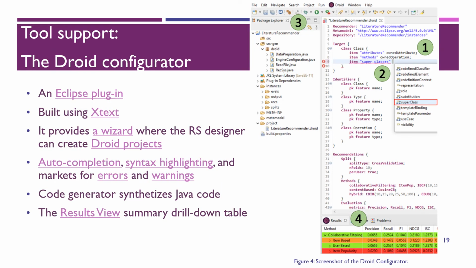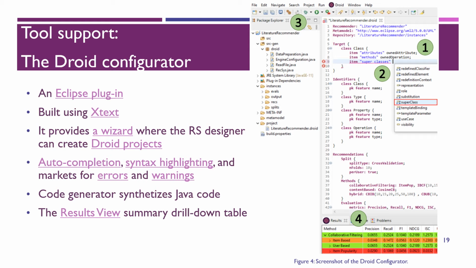The Droid configurator shown in Figure 4, Label 1, is an Eclipse plugin built using Xtext. It provides a wizard to create Droid projects. Additionally, as shown in Label 2, it includes autocompletion, syntax highlighting, and markers for errors and warnings.